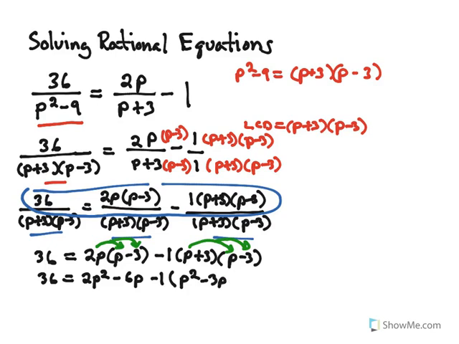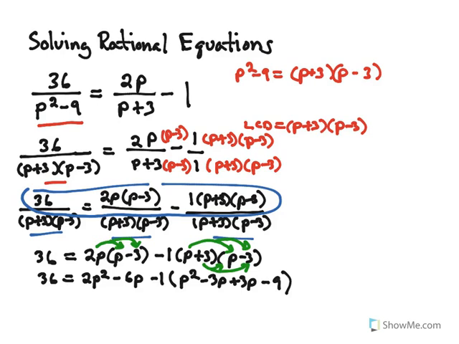Then we do the inner, which is 3 times p, which is plus 3p. And then the last, 3 times minus 3, which is basically minus 9. So you FOIL those two, and then you multiply that whole polynomial by a minus 1.